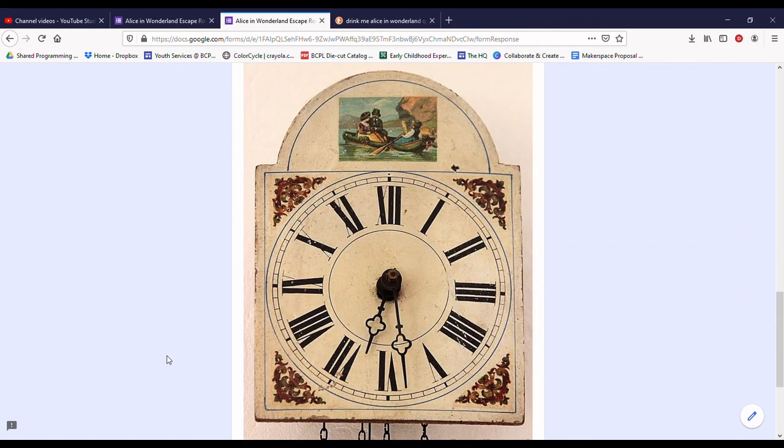And our last puzzle here is telling time. I'm going to go through how to read a clock for those of you that don't know. These are Roman numerals for 12, 11, 10, 9, 8, 7, 6, 5, 4, 3, 2, and 1. So at the bottom here is number 6, and our shorter hour hand is still between the 6 and 7.